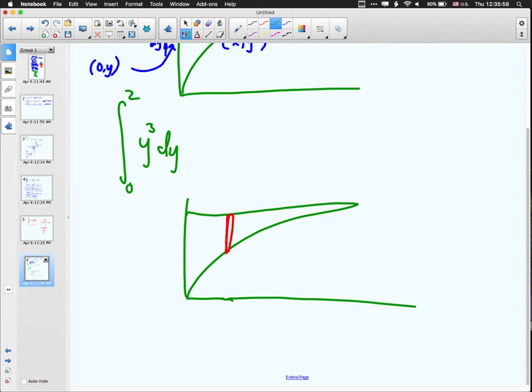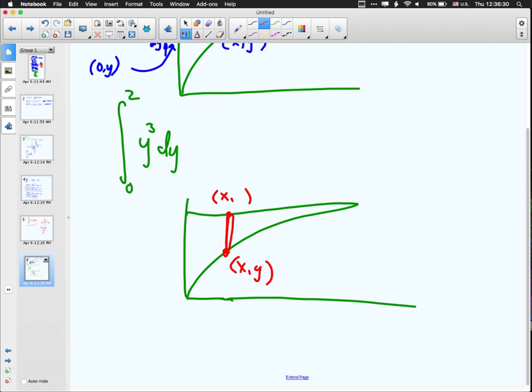And how are we going to figure out what the height of that rectangle is at any given place? Let's start off the same way. The point that touches the curve, what are we going to call it? XY. And then what other point might be useful to know? The top one, which is going to be what?